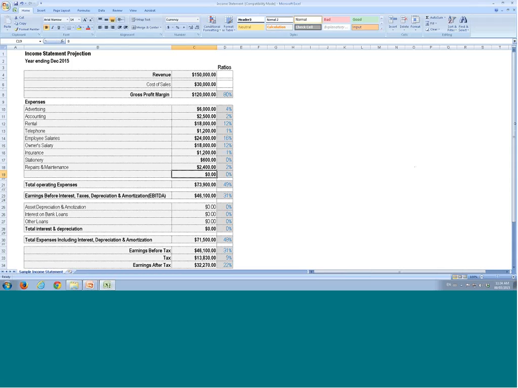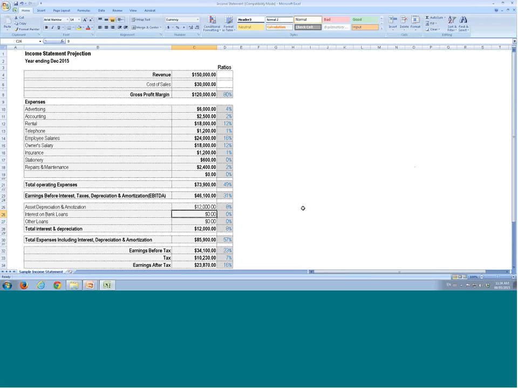Now, these numbers are just estimates that I put in here, but obviously you understand, or hopefully you understand, that your accountant would take your actual numbers and input it into this document. So that's the way they would do it. Let's say you had some assets that you purchased at the beginning of the year before you started this business, and let's say the depreciation was $12,000.